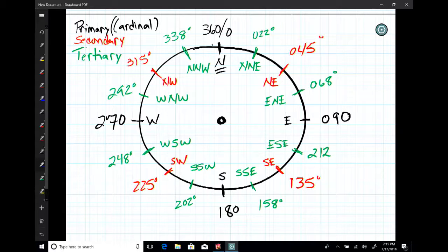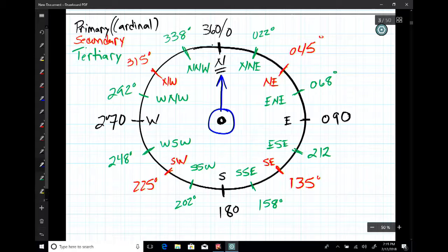So I'm just putting that out there just so you have it. That is the heading. And what that means is that if you were standing in this middle dot right there, and you were facing or flying that direction, you are flying a heading of, in this case, roughly 360 or 0.